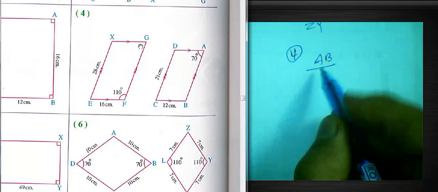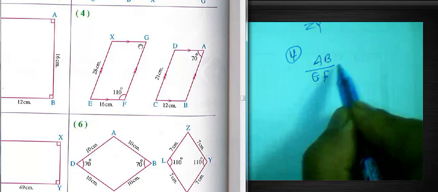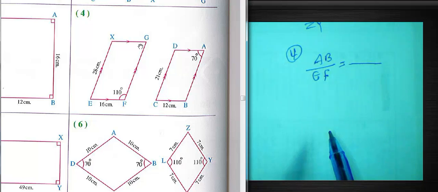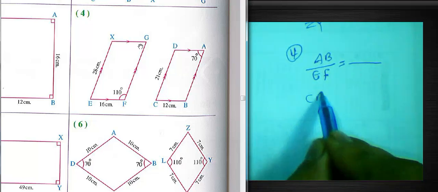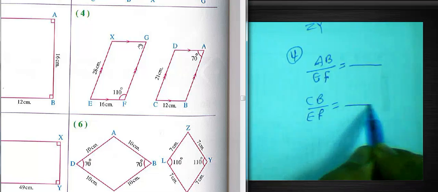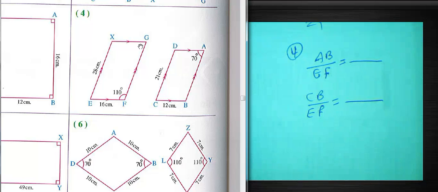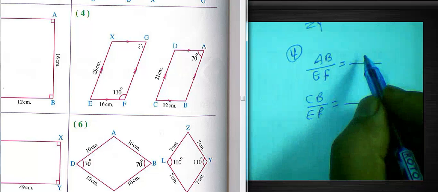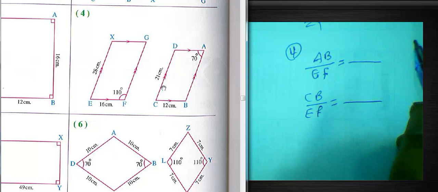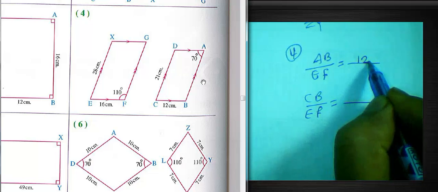Like that, AB over GF. You must find the ratio between AB and GF, and CB over EF. AB equal what? AB equal 21, because in parallelogram each of the opposite sides are equal in length. AB equal DC.